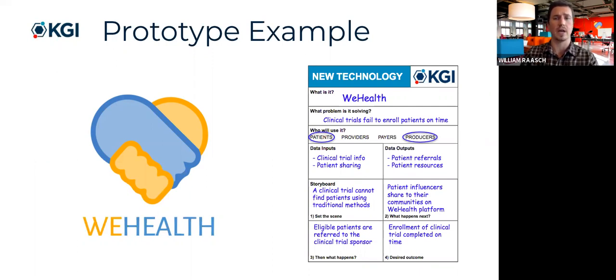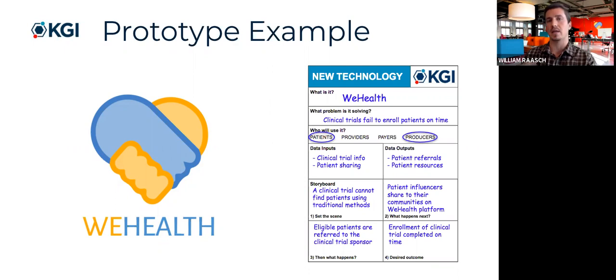So in the case of WeHealth, the problem that we are trying to solve is that clinical trials fail to enroll patients in time. And this is often because they are not able to find all the patients that they need through traditional sources, right? So a traditional source might be an advertisement, something very top down, like putting a lot of money into a TV advertisement, or maybe hooking up with a hospital network and getting the patients within those networks to be referred to your trial.